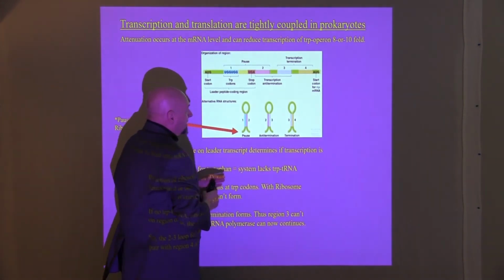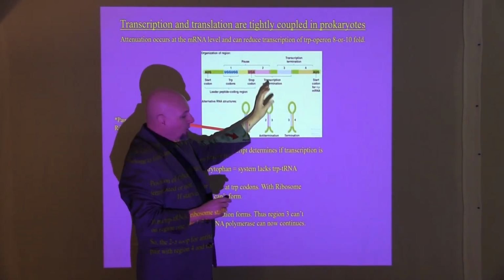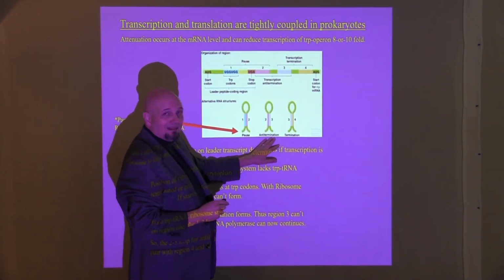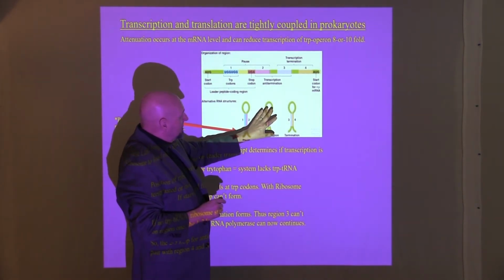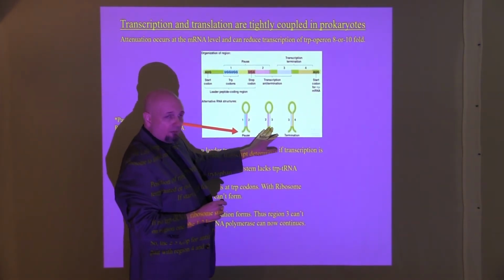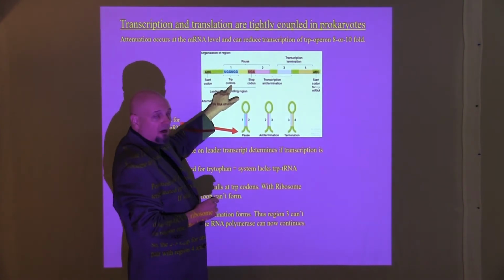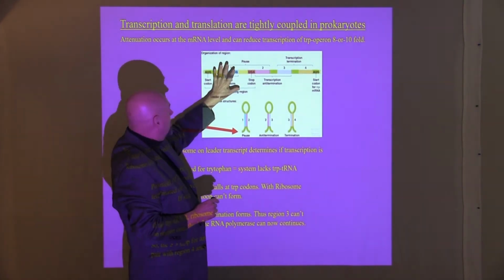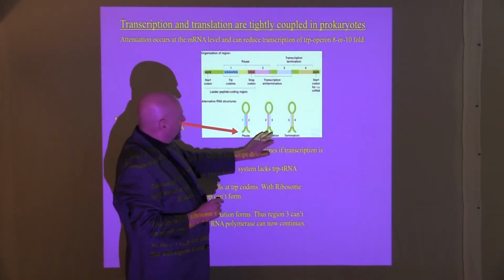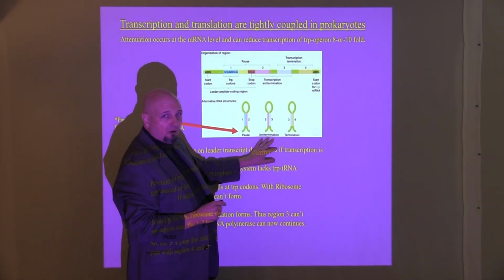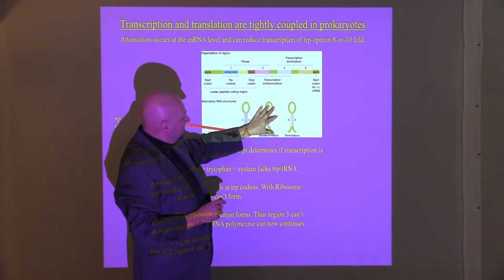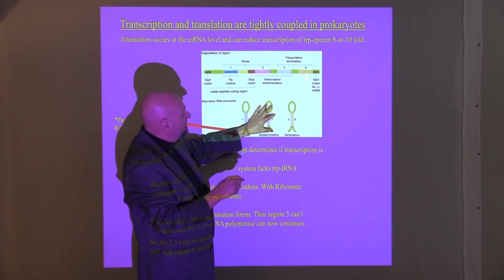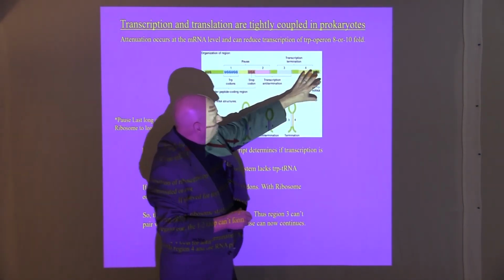Because it's far enough away from that RNA polymerase, we refer to this as the anti-termination, meaning that if this structure forms when there are no tryptophan transfer RNAs to bind here, causing the ribosome to stall here, then that prevents any type of termination of transcription. The RNA polymerase will keep going.